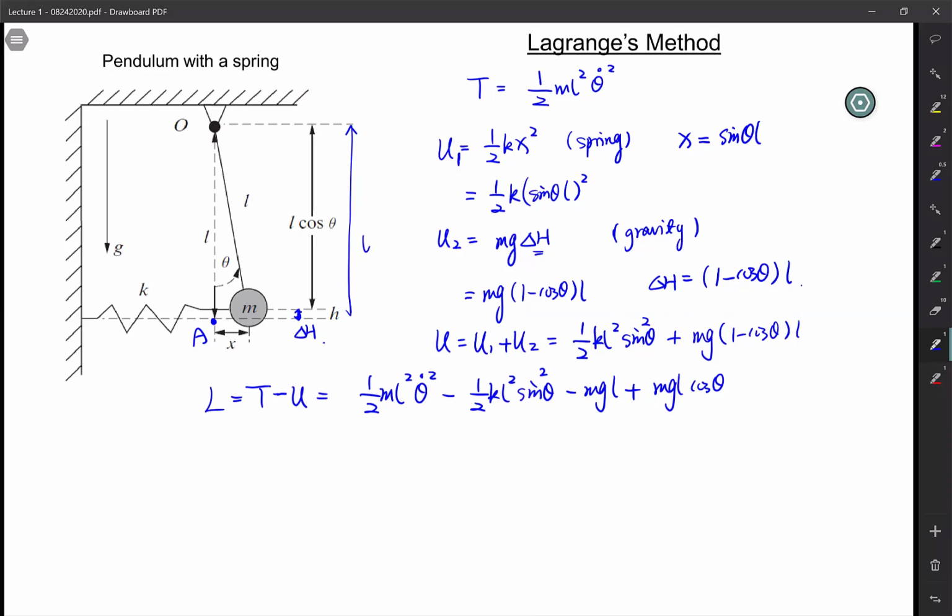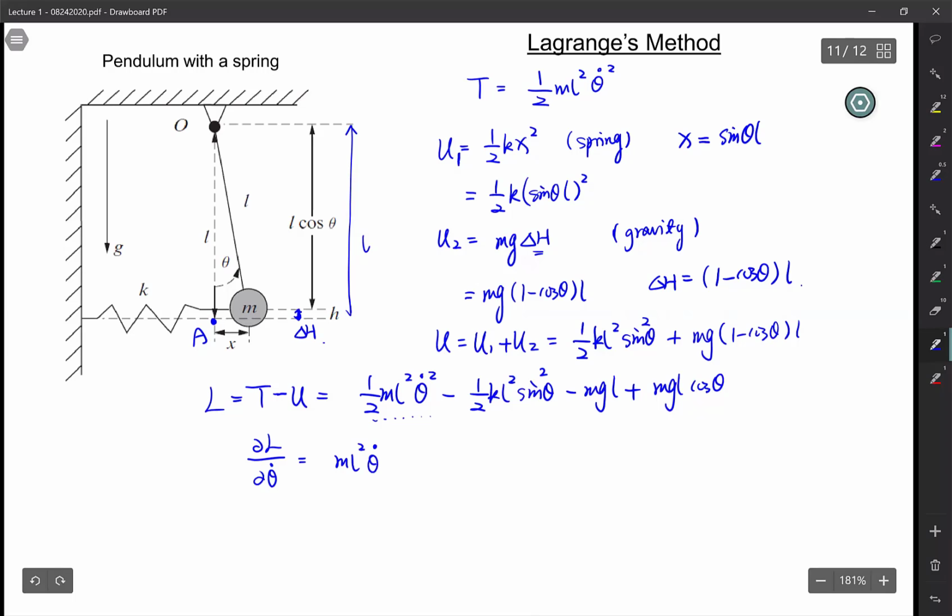Okay, so again, calculate partial L, partial theta dot, the partial derivative with respect to velocity first. So only the first term has velocity in it. So that's m L squared theta dot.